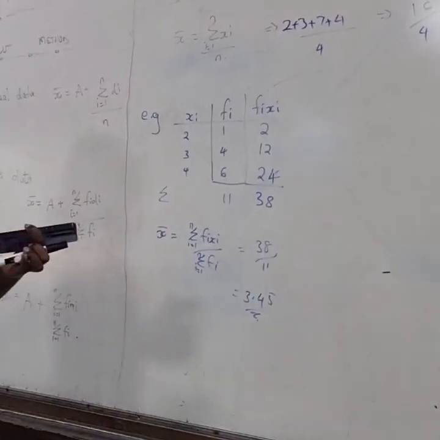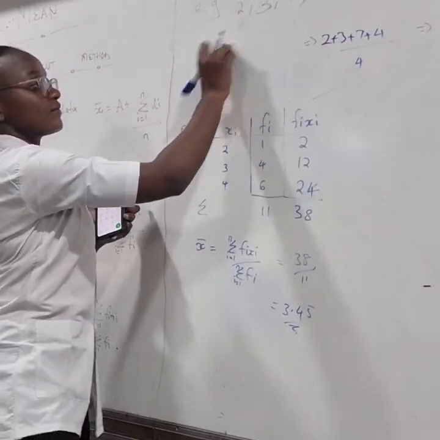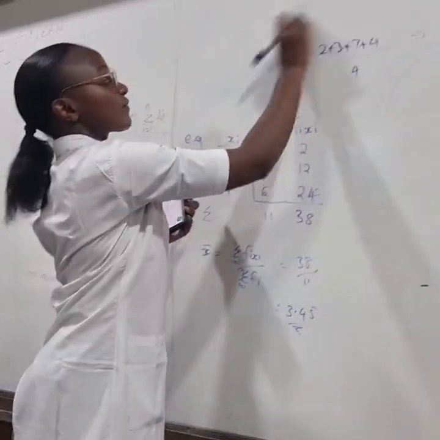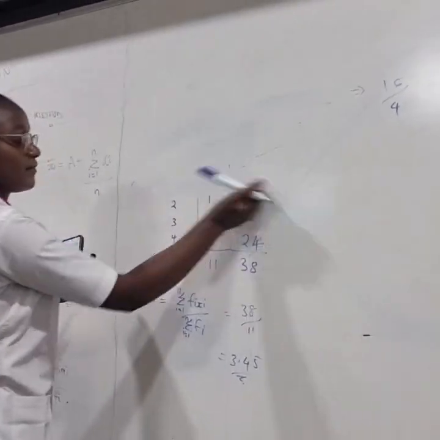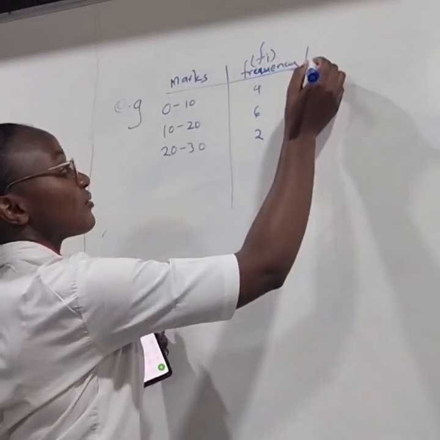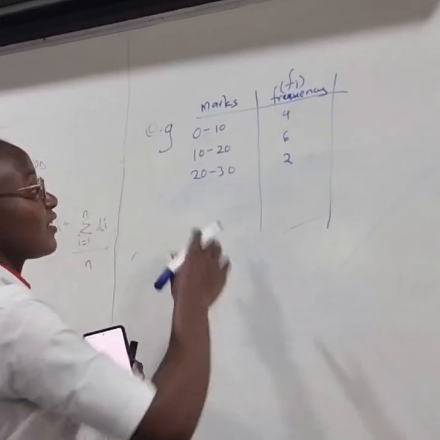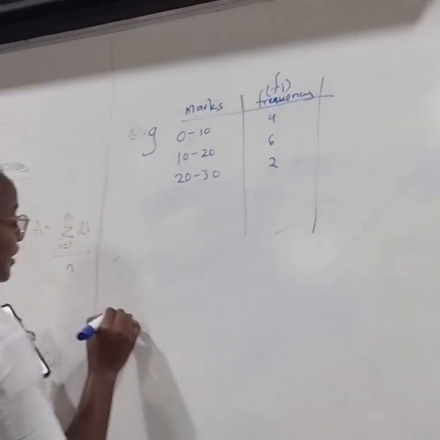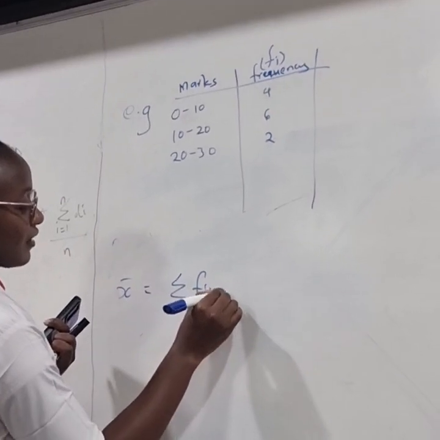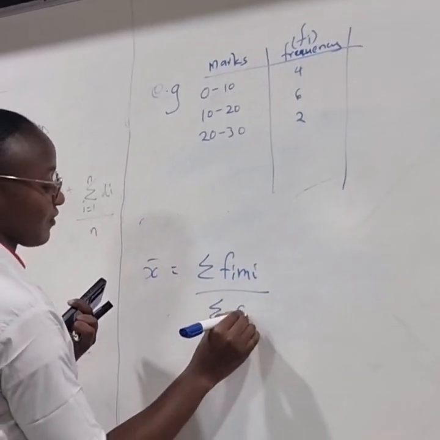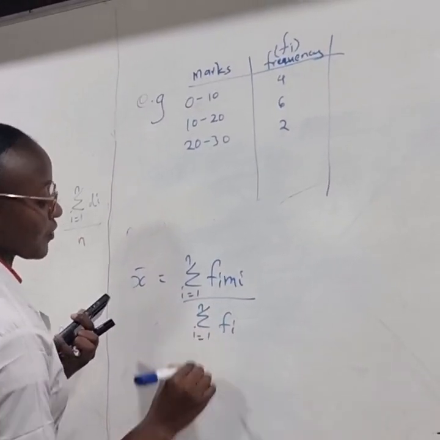Then we have this data. So we are going to do continuous data. This is an example of data, and for continuous data, the mean x bar is given by the summation of fi mi divided by the summation of fi, with i running from 1 to n.